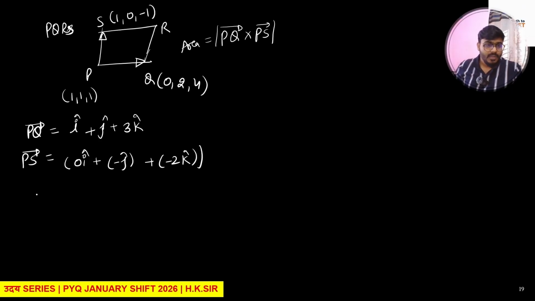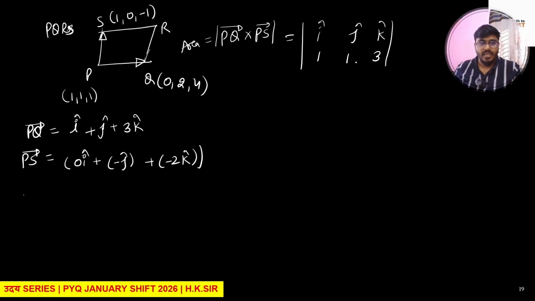Now find PQ cross PS. I can write here i cap, j cap, k cap. Here it is 1 1 3. Here it is 0 minus 1 minus 2. Okay.